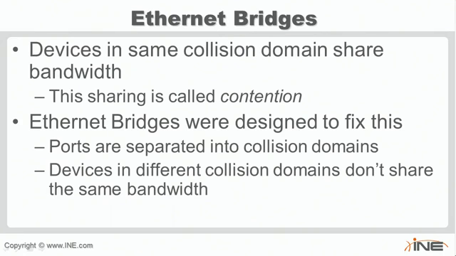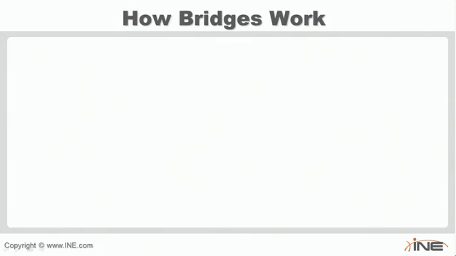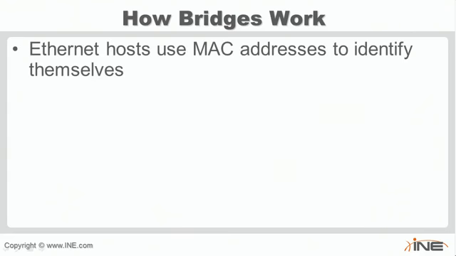If I have 10 megabits per second on one side and 10 megabits per second on the other side of the bridge, then the individual host can use that full value. But it's still extending the range of the cable just like a repeater. Now, in order to actually get this to work, the bridge needs to figure out who are the hosts that are trying to send traffic between its ports.